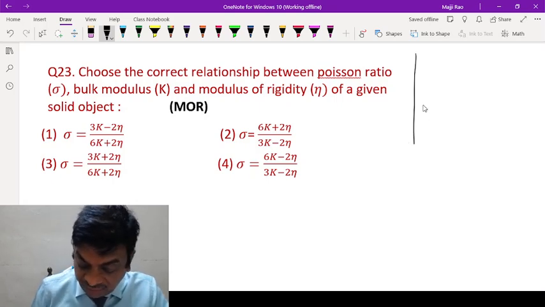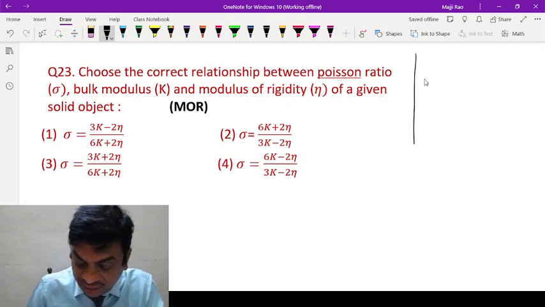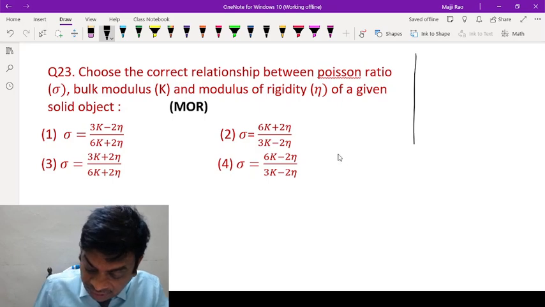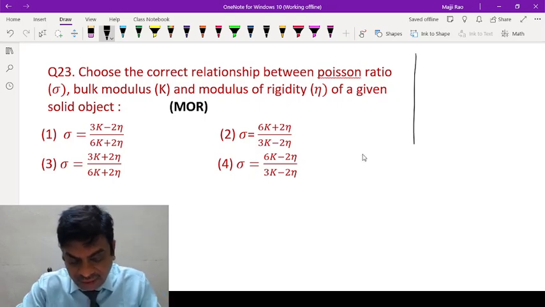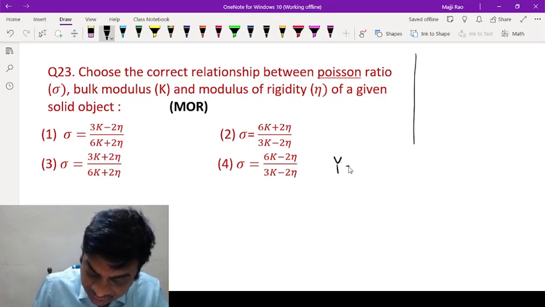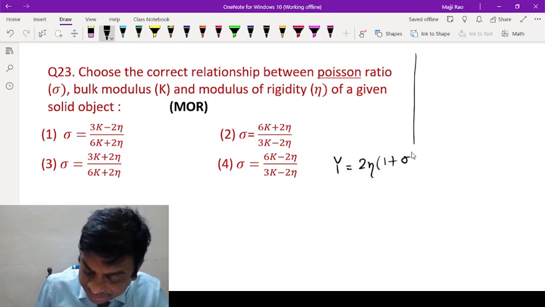But still they have given this, I don't know how they have given, but anyway, if you refer to some standard textbook, then you will get this like Young's modulus is equal to 2 eta into 1 plus sigma, and also Young's modulus is equal to 3k into 1 minus sigma.